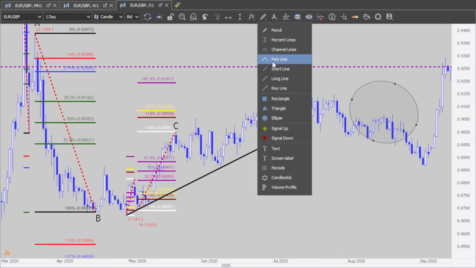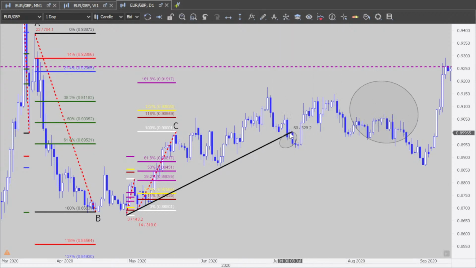Then for 3 weeks I'm going to be in the red. I'm going to suffer. Most likely I'm going to close the trade. If I'm strong enough, I'm going to stay in the trade.